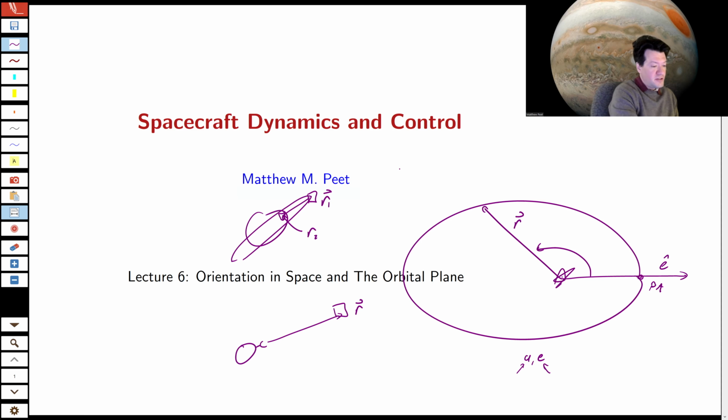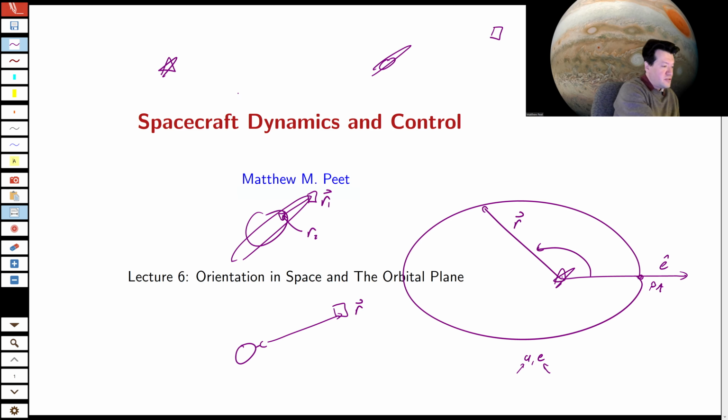Or let's say, let's get even more out there. Let's say you're Voyager 2 or something like that, well out here beyond Saturn. And let's say here's our satellite, our spacecraft.